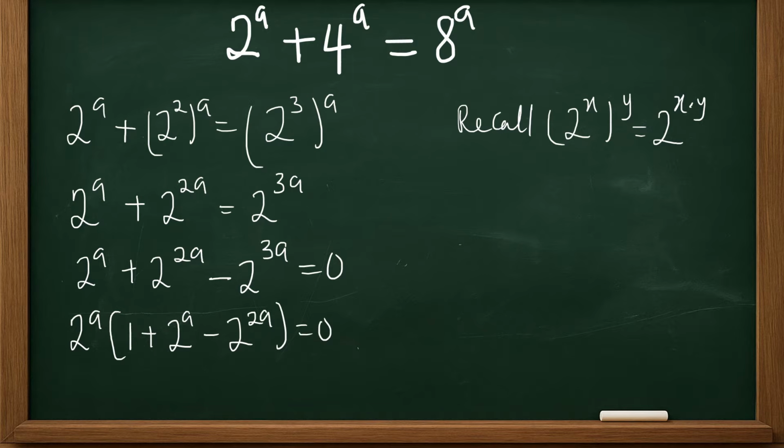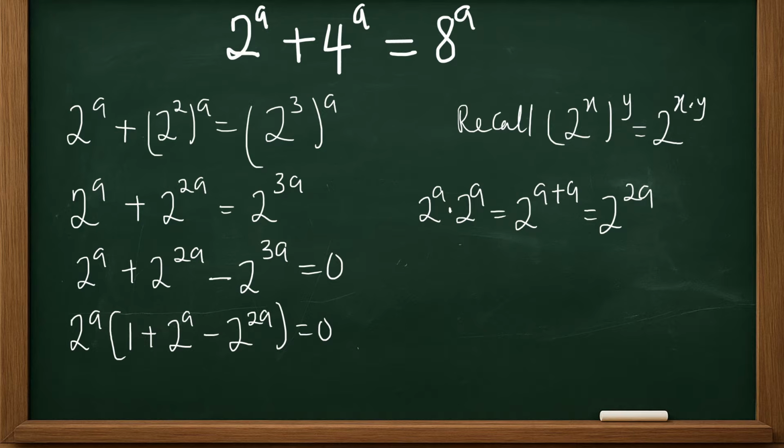Also, recall that if you have 2 to the power of a multiplying 2 to the power of a, from the law of indices, this is going to be 2 to the power of a plus a, which is 2 to the power of 2a. So this is what I did by factoring out 2 to the power of a.